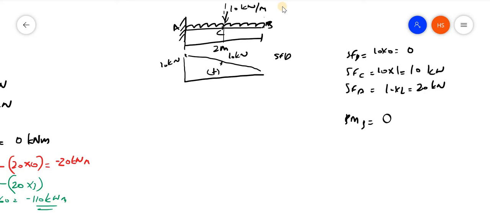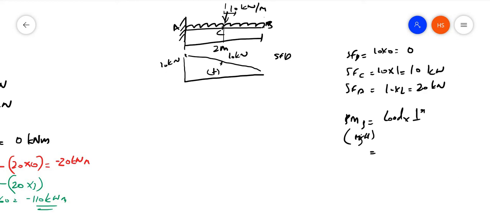That is load into distance; either I can take the right or left. I am taking the right, the right of the section. Therefore the load is 10 kilonewton per meter. So the moment is always load into perpendicular distance.